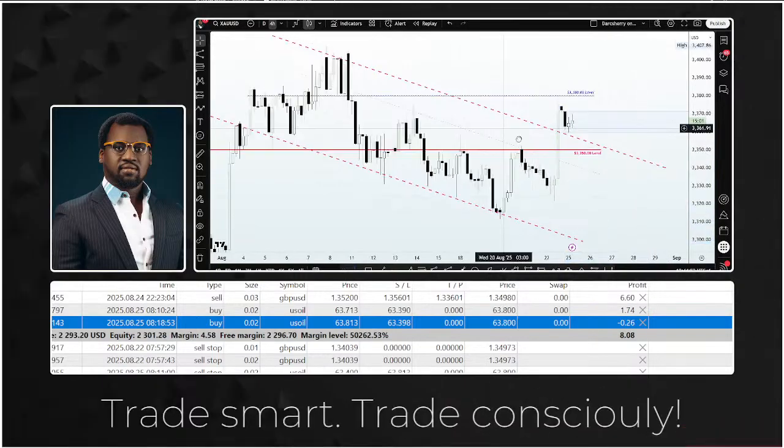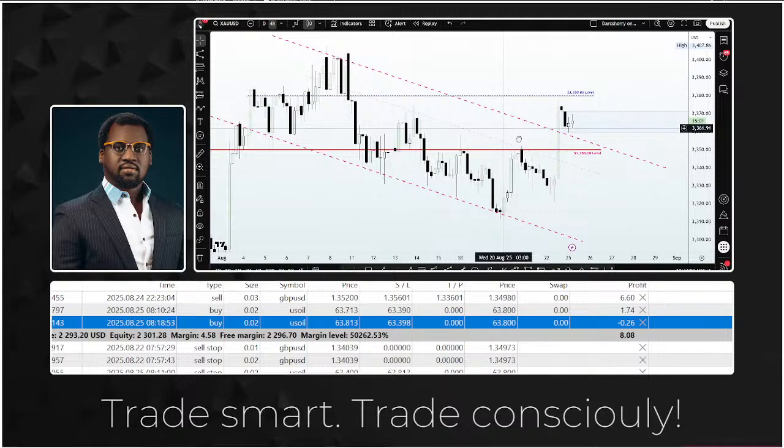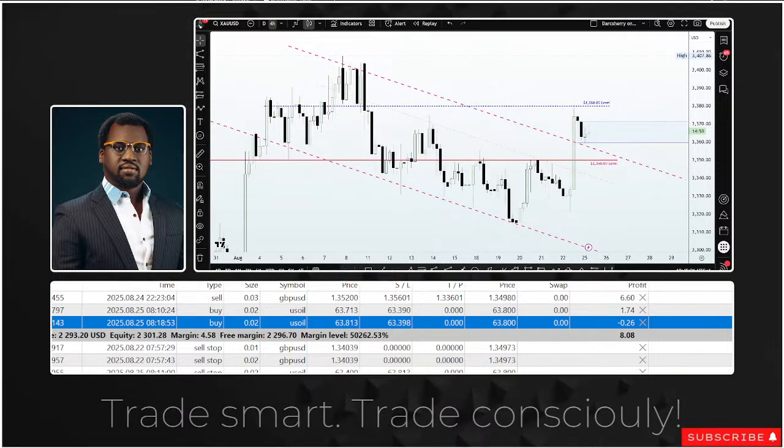So for me, we are at a critical juncture here, and looking at the situation, I think that the gold is pressured by this new resurgence in the US dollar, but at the same time it remained cushioned by growing bets.